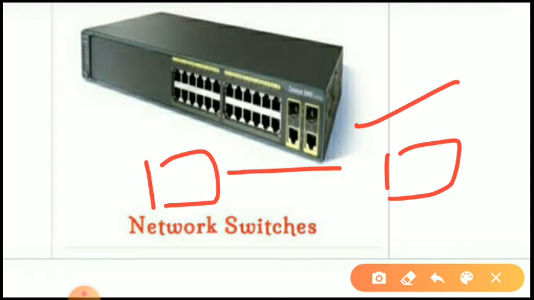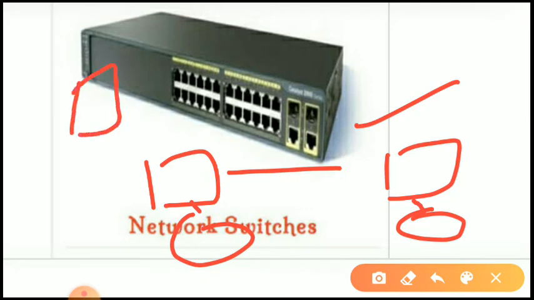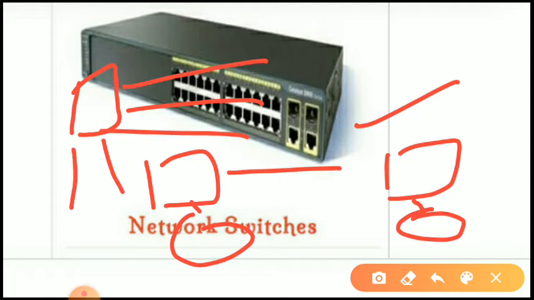The basic use of a switch is that it sends a message only to the destination address. What a hub does is, whatever computers are connected, it sends the message to all the computers.